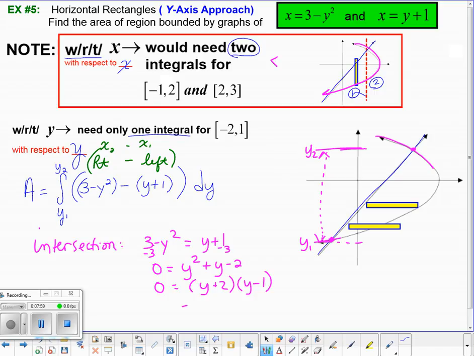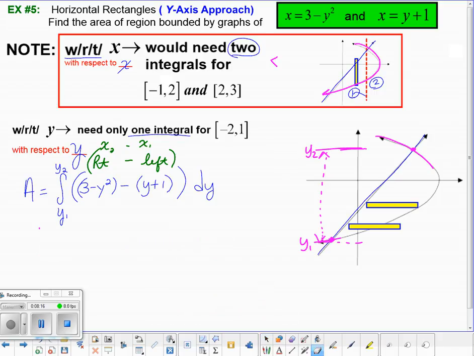The points of intersection are going to be at y equals -2 as well as y equals 1. And that becomes my limits of integration. So -2, positive 1. So everything's just done in terms of y on this one.